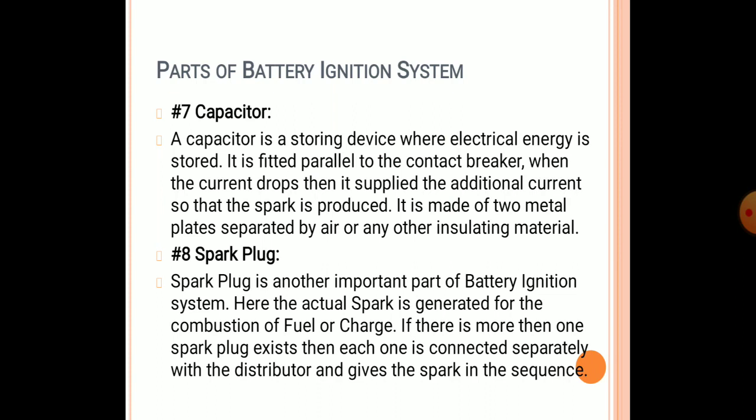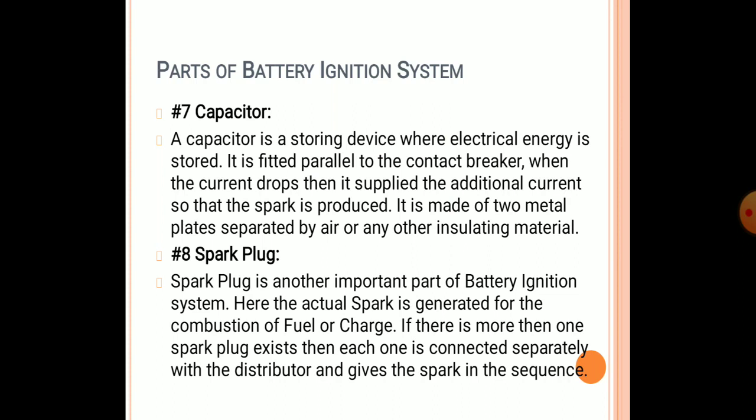When the current drops, the additional current is supplied so that the spark is produced. It is made up of two metallic parts separated by air or any other insulating material.